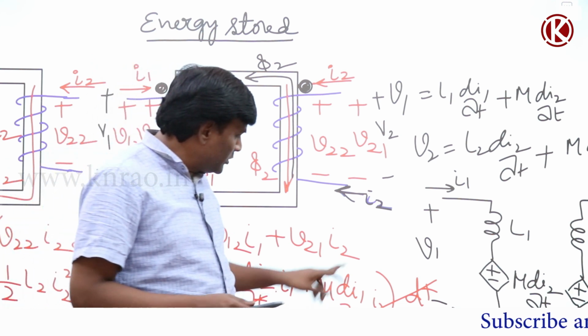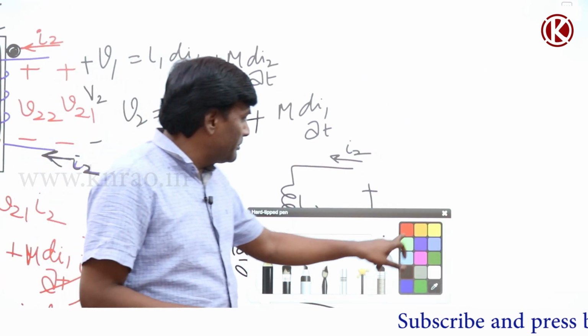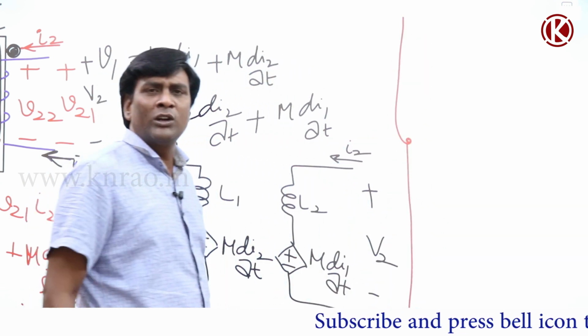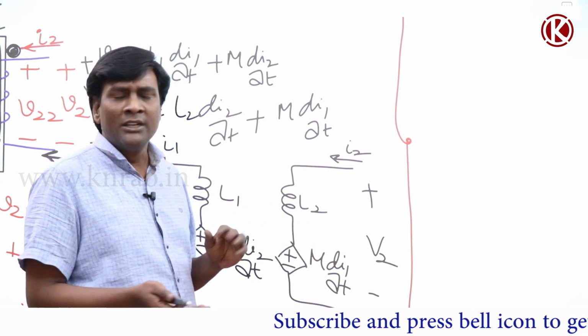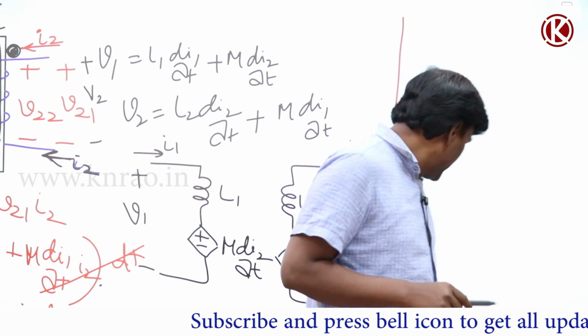Now let us try to develop the T model for this. Of course, we can do reverse engineering. We can add some terms, we can remove some terms, such that ultimately these two equations have to be satisfied.